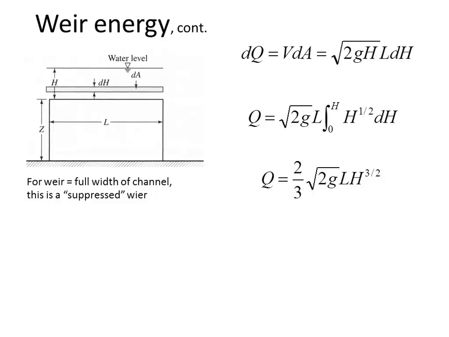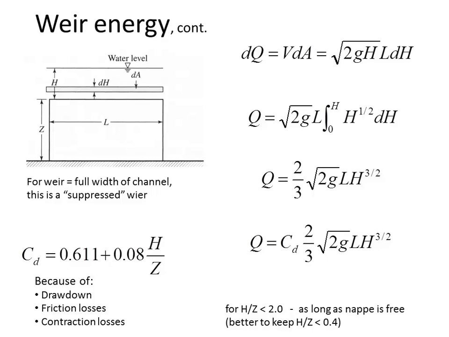But just like in the broad-crested weir, where there are energy losses and a coefficient of discharge, we have to apply a coefficient of discharge here as well, because there are drawdown effects, friction losses, and contraction losses. Again, a typical C sub D is around 0.6, but you can calculate the actual C sub D as a function of the height of the water over the weir to the height of the weir itself, H to Z. That's how you can estimate a coefficient of discharge.